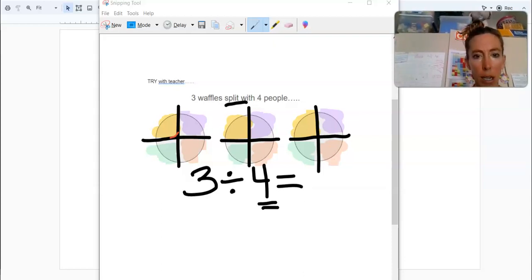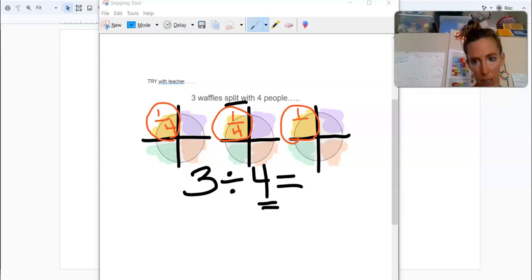So I'd say, okay, well, if I take the yellow and put it all together, does that make 1 whole waffle? No, because this was just worth a 4th of a waffle. This was worth a 4th of a waffle. And this was worth a 4th. So how many total fourths did they get? Not 4 of them.